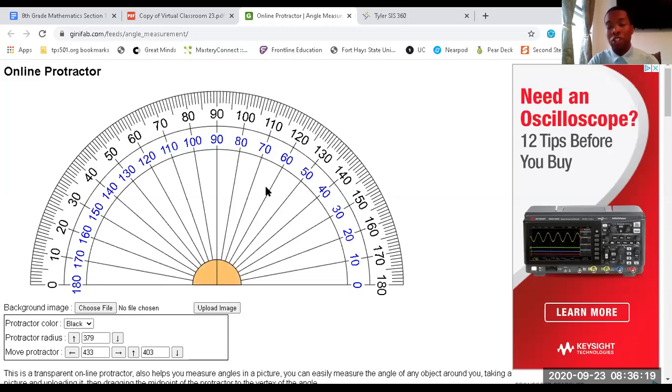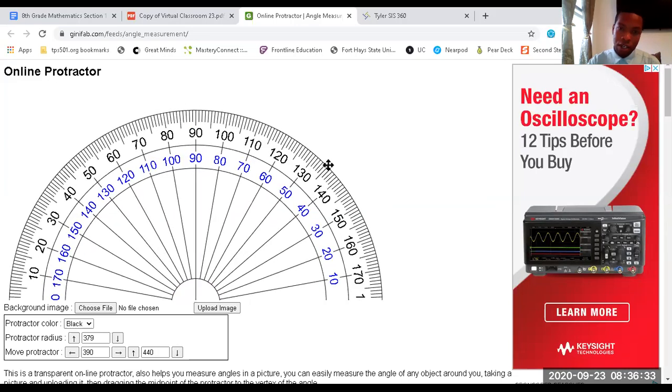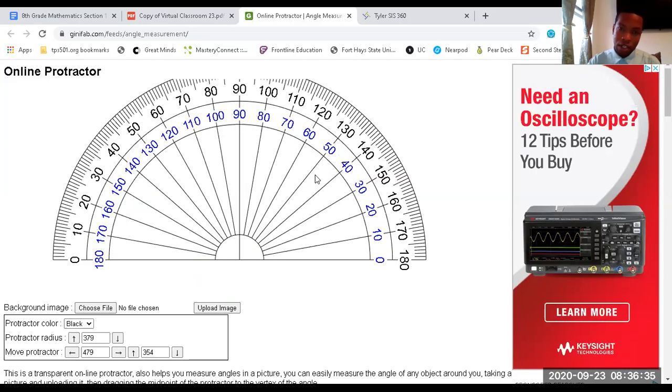So then you could measure it, and whatever the number is, you see how many degrees it is. For example, if my bottom ray came to here, and my top ray was 45 to here, then I would say that's 45 degrees.